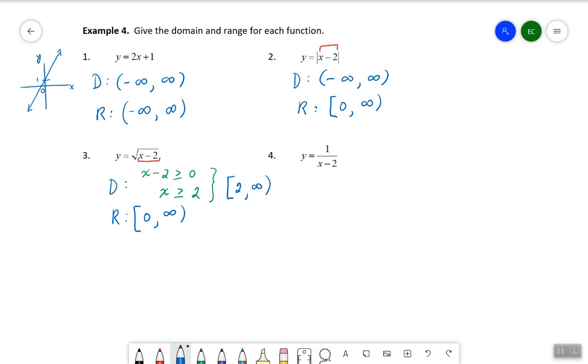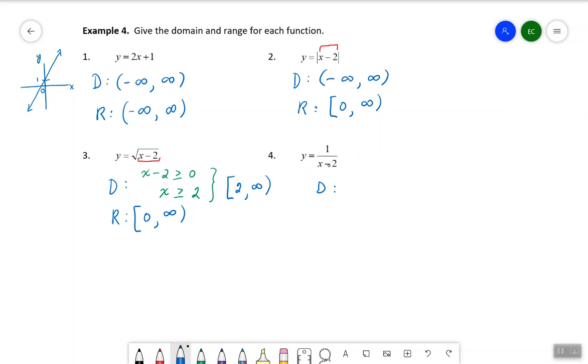Okay, let's go on to the last one. Again, there's a restriction on the domain. This time we have a rational function. Remember, we studied rational equations in chapter 1. So here's a rational function. Now you know the denominator can't be 0.